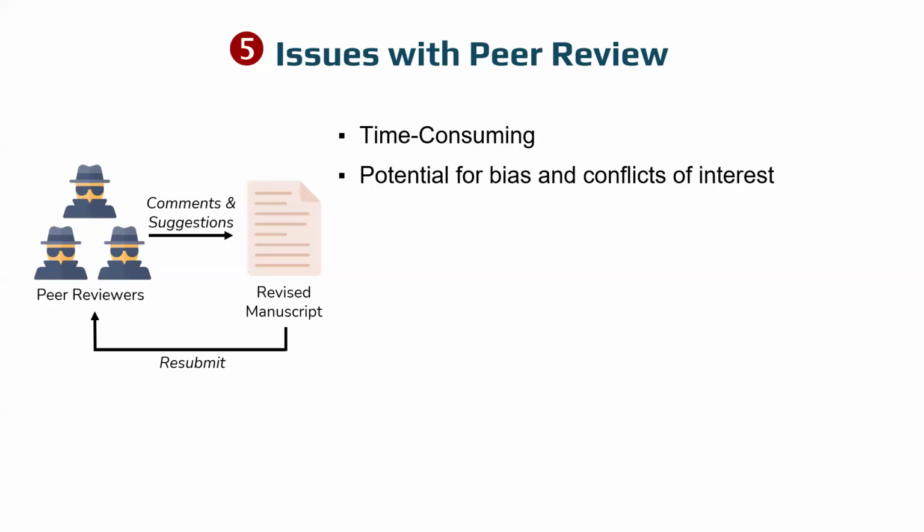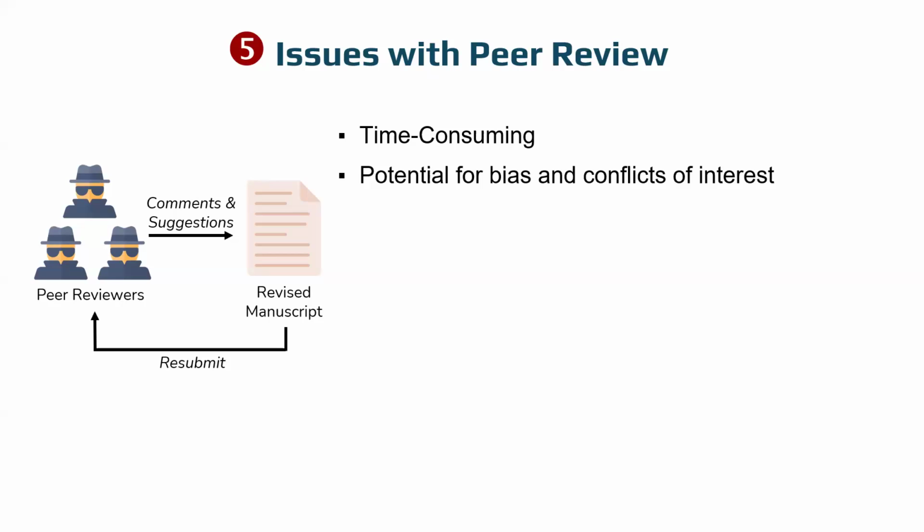They will have the power to keep delaying your manuscript from being published until they publish their research. So there is a big issue of bias and conflict of interest.